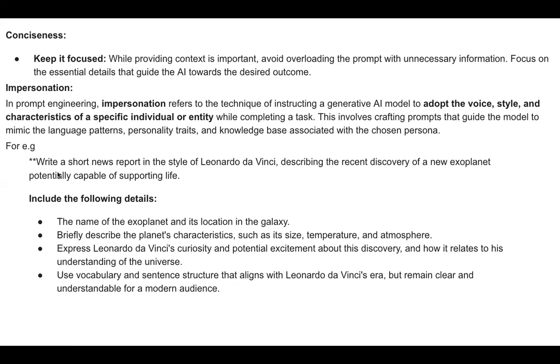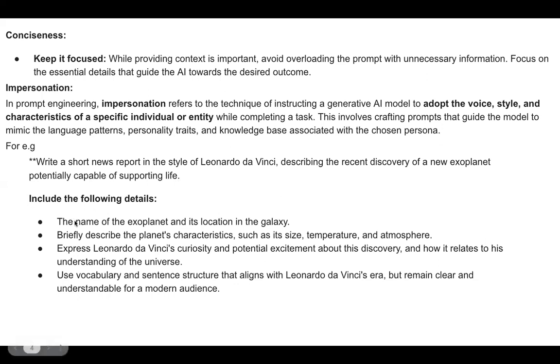See, for example, write a short news report in the style of Leonardo da Vinci, describing the recent discovery of a new exoplanet potentially capable of supporting life. So, in his style, what is the context?